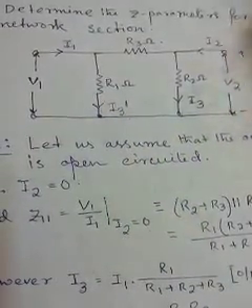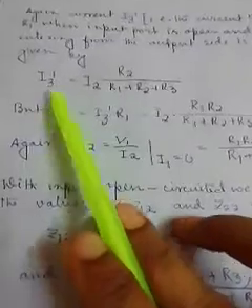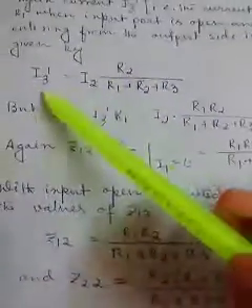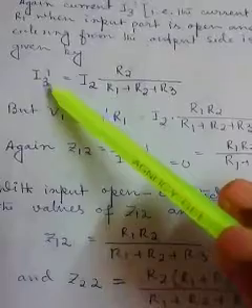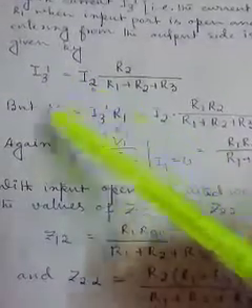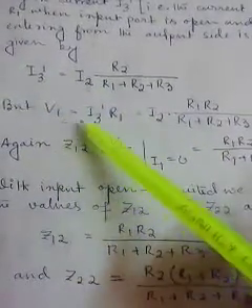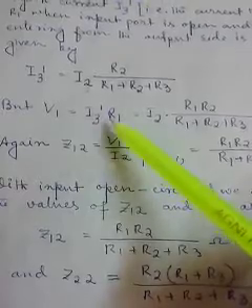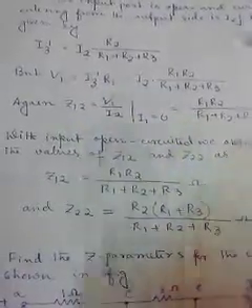So observing this circuit again closely, we are now writing I3 dash as equal to total current I2 into this opposite resistance by the summation of three resistances. So again, according to the current division rule, we get I3 prime in terms of I2, and now we write V1 in terms of I3 prime as I3 prime into R1. So finally we are writing V1 by I2 as this value.